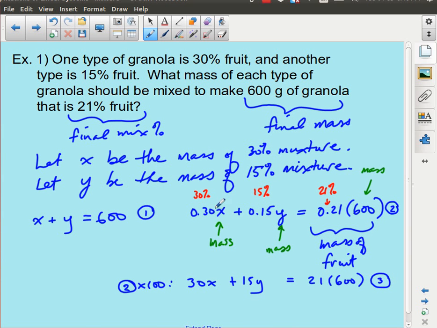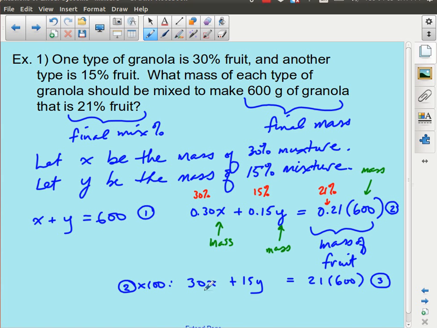You may not be bothered. You may just think, oh, I can work with the decimals. I'm fine with that. If you are, that's okay. No one's saying you have to do this. Now that I've done this multiplication, I realize I can make this simpler still. When I talk about making things simple, your focus is on the coefficients of the x and the y. There's not a great deal you can do about any constants. They're just going to be what they turn out to be.